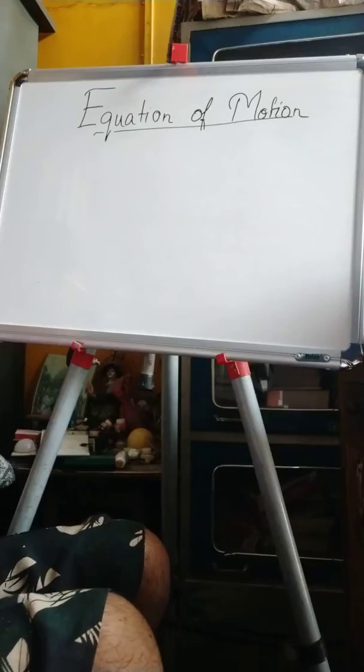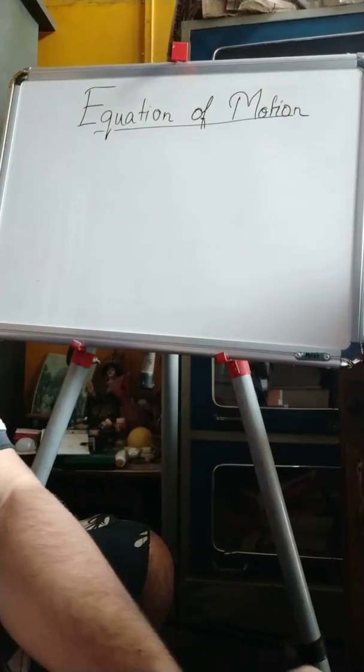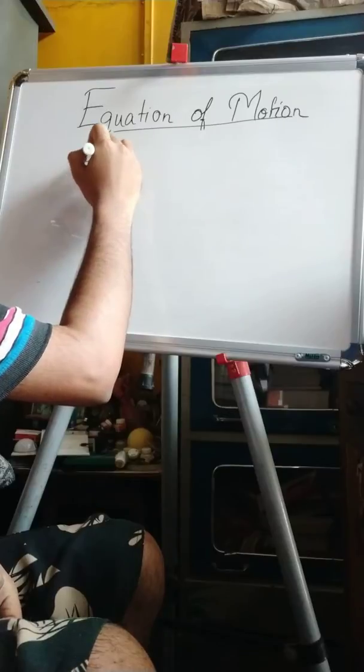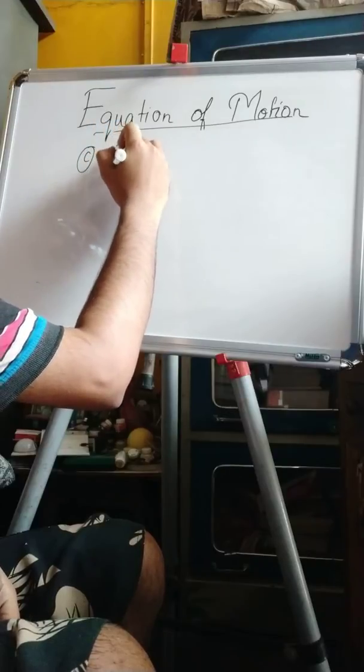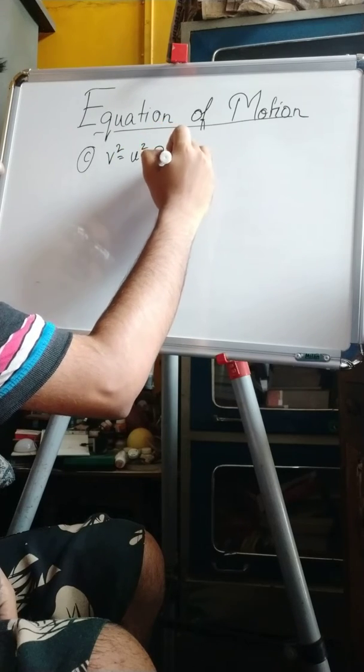Now we will be calculating the third formula of equation of motion. So what will we be doing? We are going to derive the third equation of motion, which is v square equals u square plus twice as.